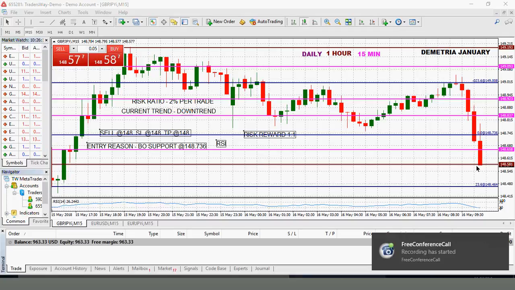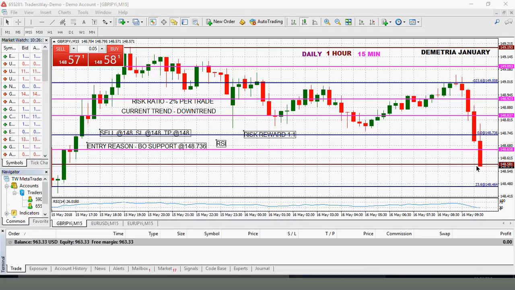Okay, I'm back, and it's now broken another level of support here. So I'm really not sure, Kat, if I should have entered or if I really should have just waited. Now, I'm not sure if I need to update my strategy, because the pip value is changing, and it's not just a pipette.